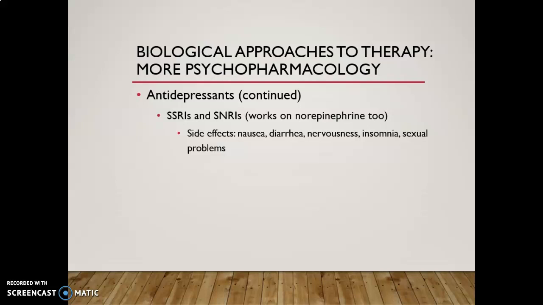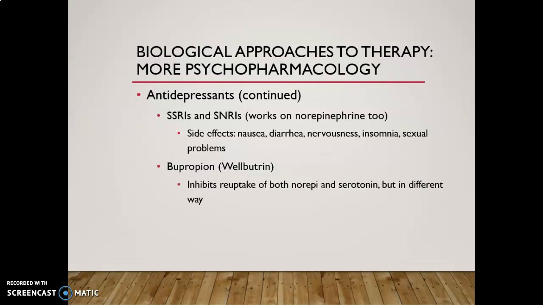One more antidepressant I want to talk about is one called bupropion, or Wellbutrin. This is not an SSRI or an SNRI. It's not a tricyclic. It's not a MAO inhibitor. It does the same thing, but it does so in a slightly different way.